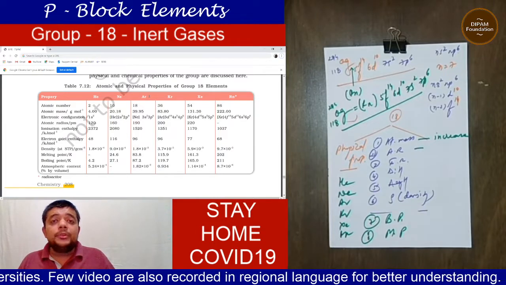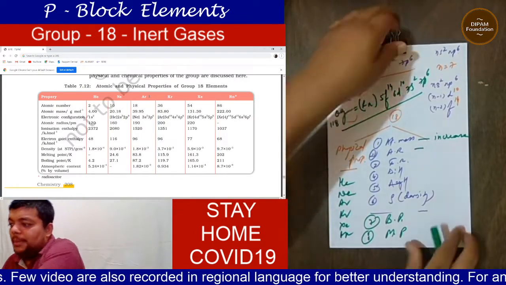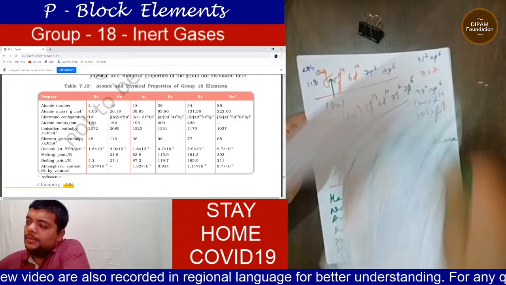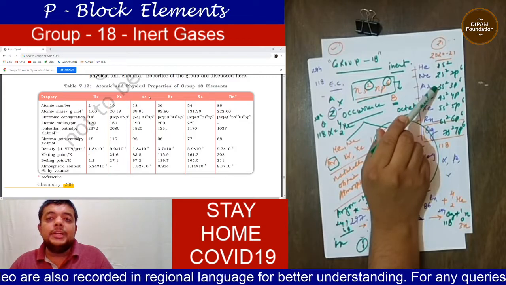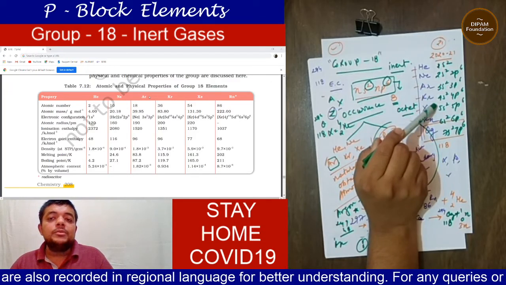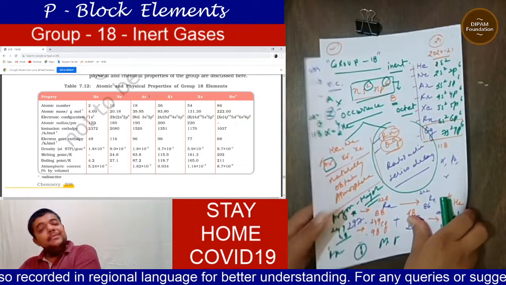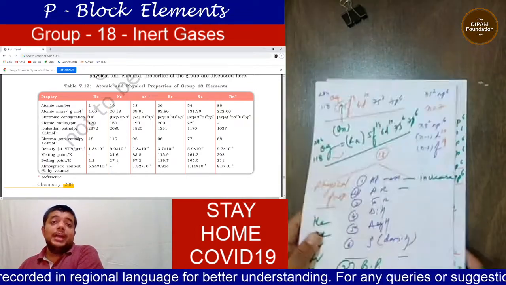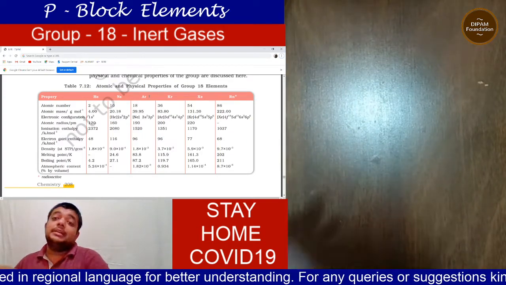We very well know that coming down the group, every time a shell is added. If you remember the paper that was lying here before, it was well written: 1s2, 2s2, 3s2, 4s2, 5s2, 6s2, 7s2. What do I mean by writing this? I mean that every time I am adding an orbit with each element in the inert group.